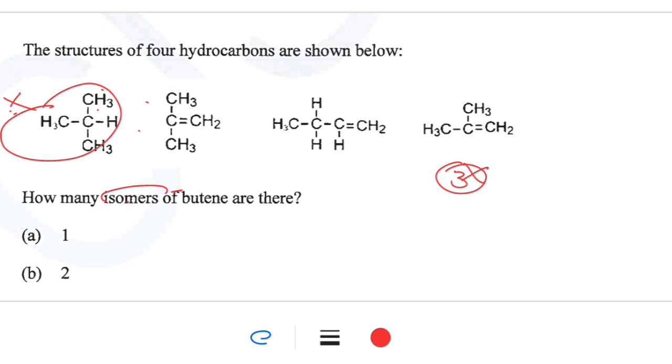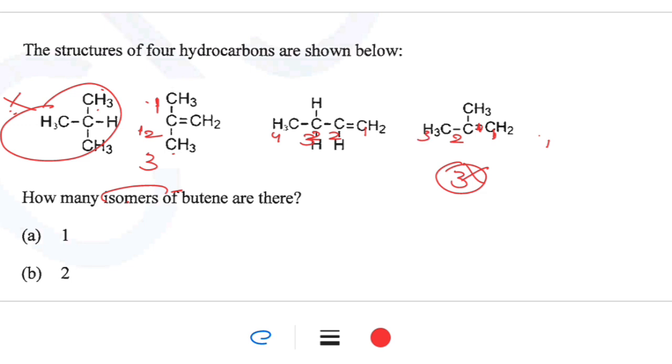Why? Just look at the structures. If you number the first carbon, second carbon, third carbon, the double bond is at the second carbon. In the next one, numbering 1, 2, 3 and 4, the double bond is at the first carbon. And in the other one, 1, 2, 3, the double bond is again at the first carbon.